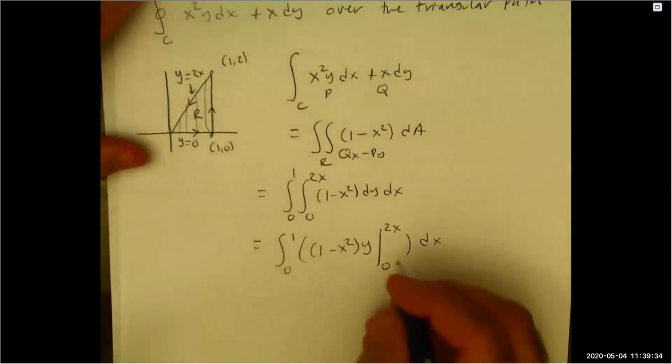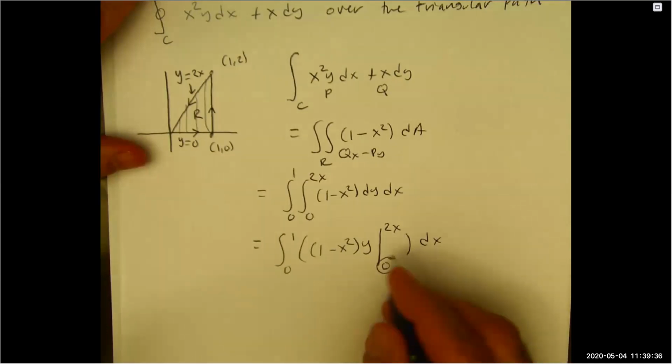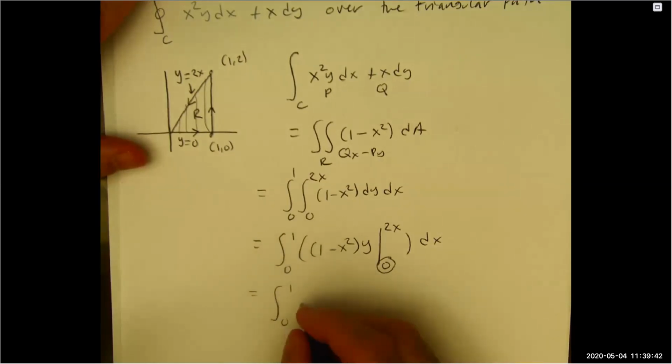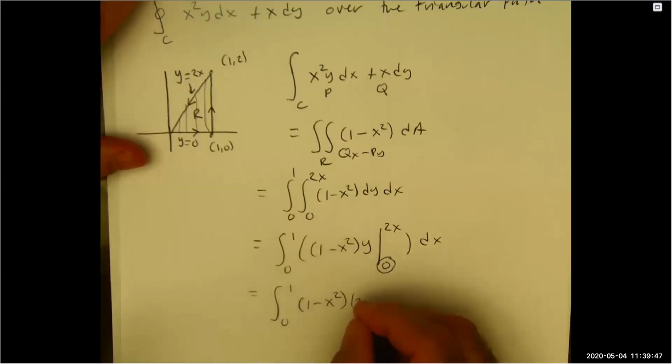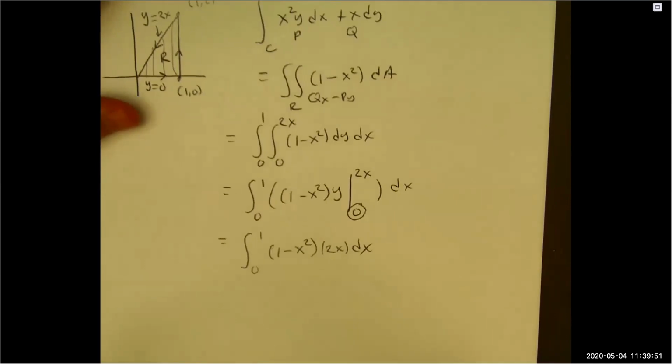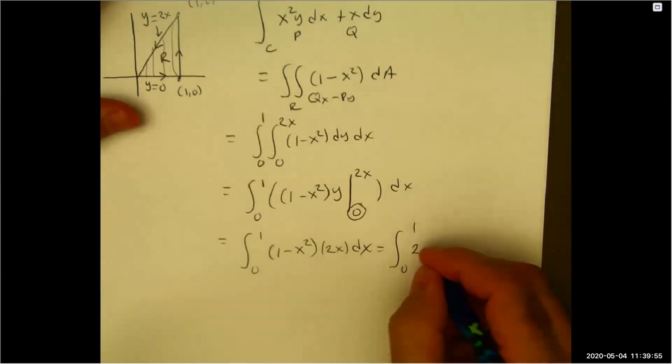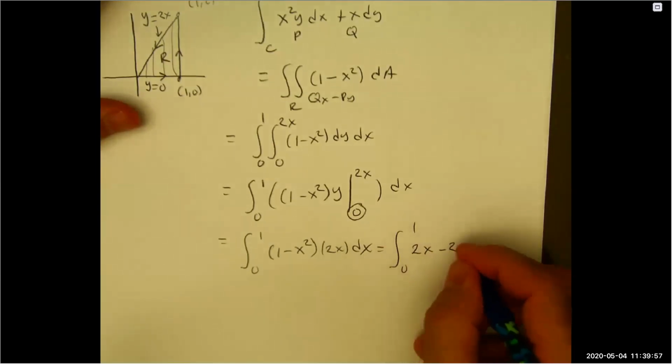So if we plug in 0, we're just going to get 0 there. So let's plug in the 2x. We'll have the integral from 0 to 1 of 1 minus x squared times 2x dx. And so we have the integral from 0 to 1 of 2x minus 2x cubed.